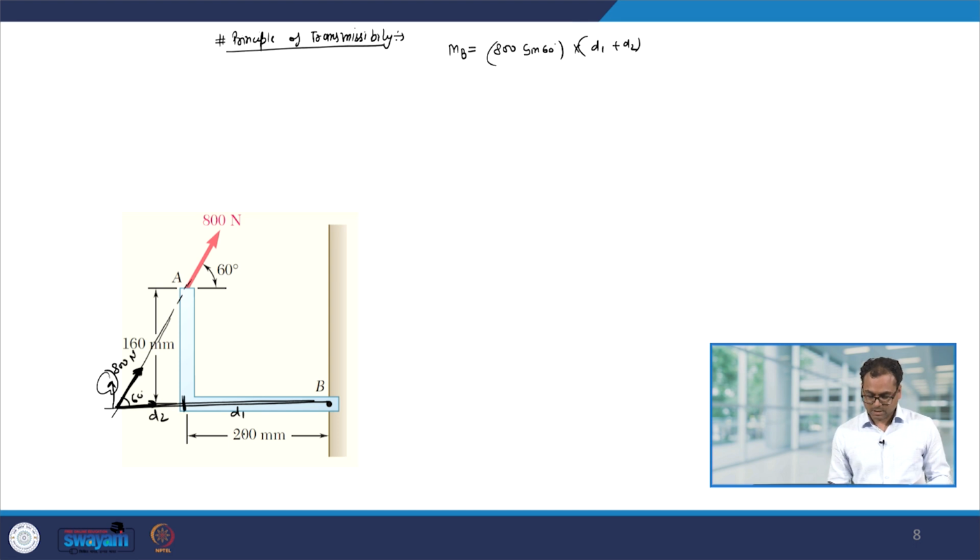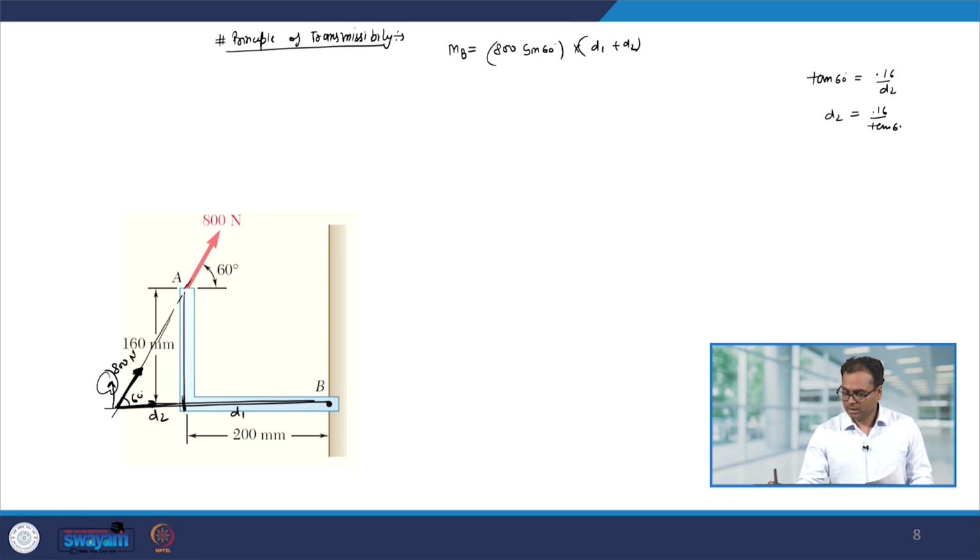Now, d1 is 0.2 meter and d2 we have to find. So, d2 we can find using tan 60 equal to 0.16 divided by d2. So, therefore, d2 will be 0.16 divided by tan 60 degrees.